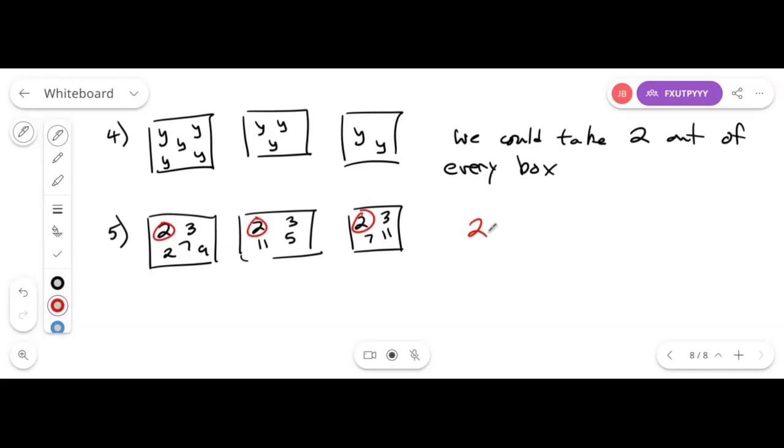So we can take a 2 out of each box. And we can take a 3 out of each box. Does that make sense?